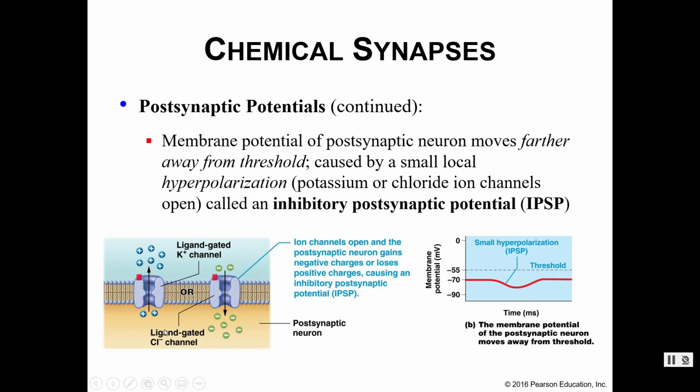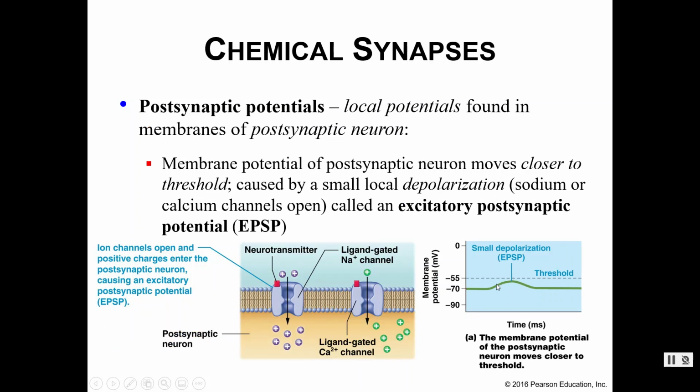Or we could open up chloride channels, and chloride has a negative charge. Those chloride ions would then come into the cell, and again, either of these would cause a hyperpolarization. We are getting farther away from threshold. This makes it less likely that we will trigger an action potential. EPSPs make it more likely that we will trigger an action potential.